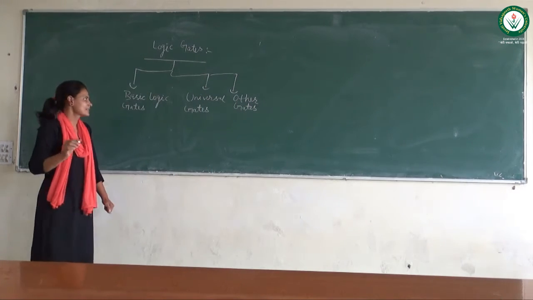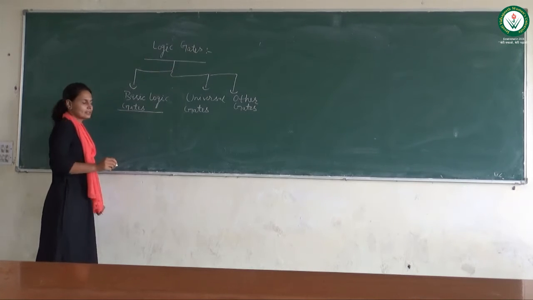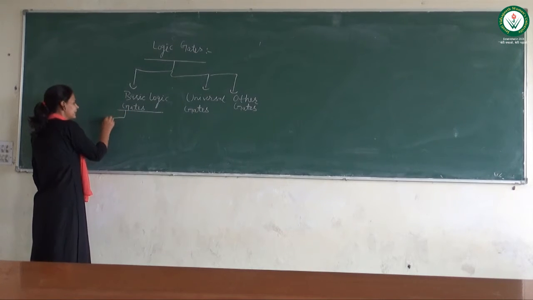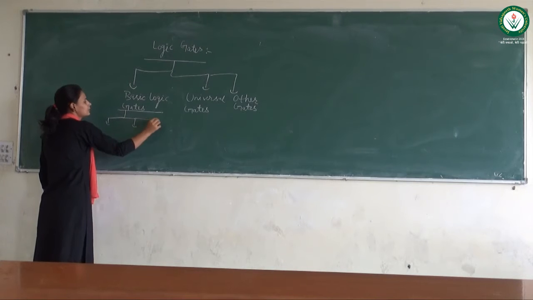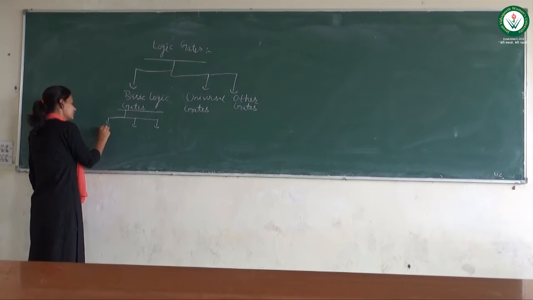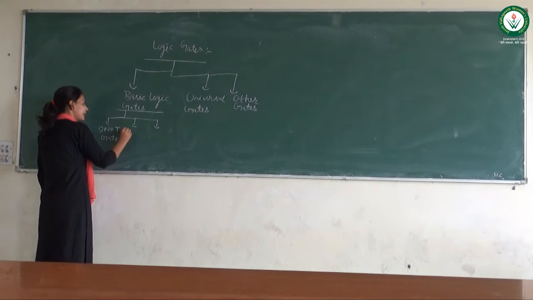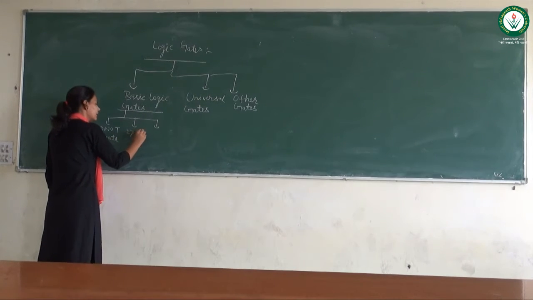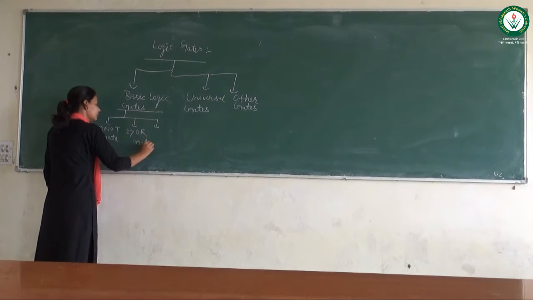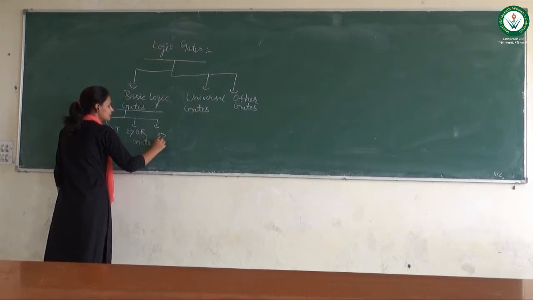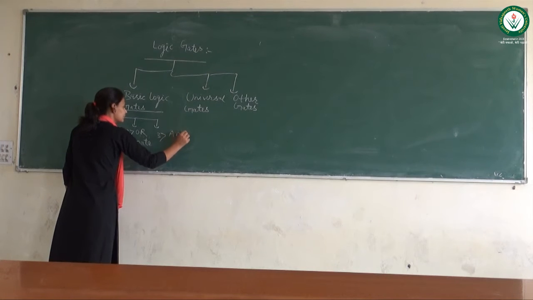Firstly, we will discuss basic logic gates. There are three types of basic logic gates. First is NOT gate, second is OR gate, and last one is AND gate.